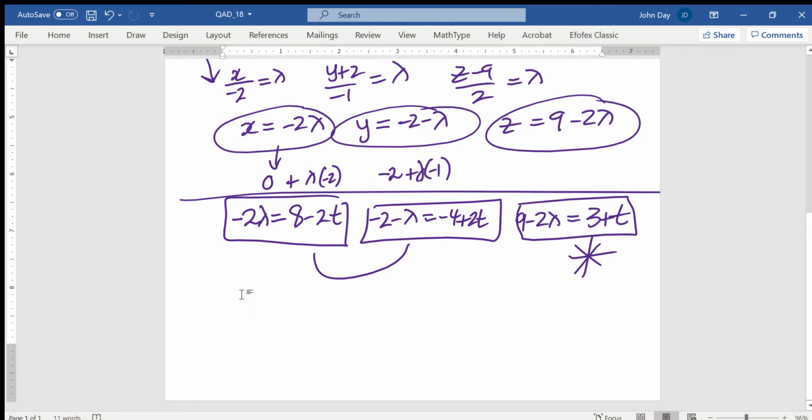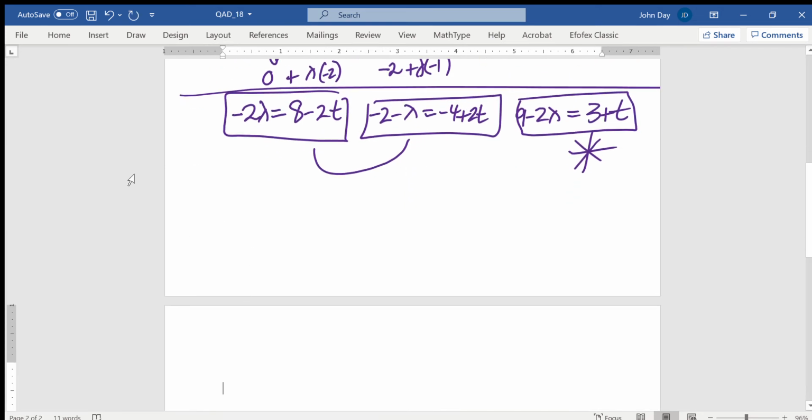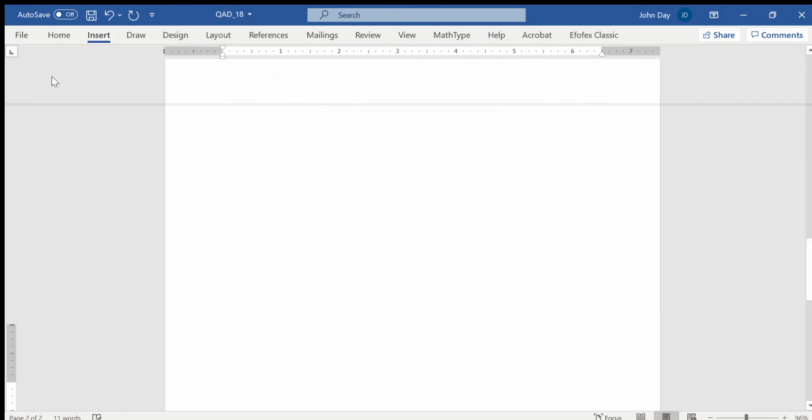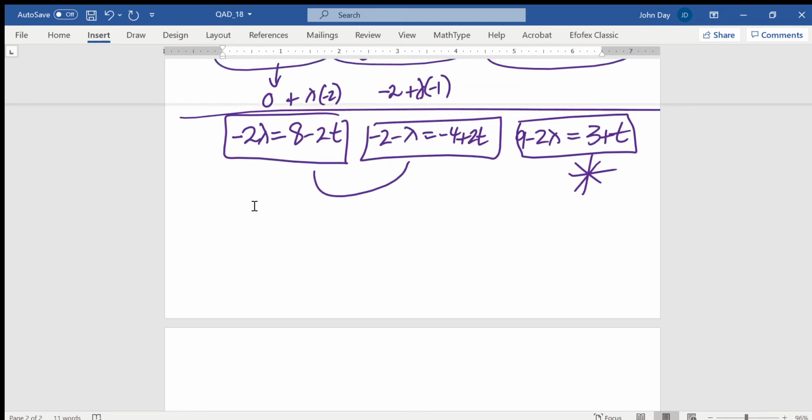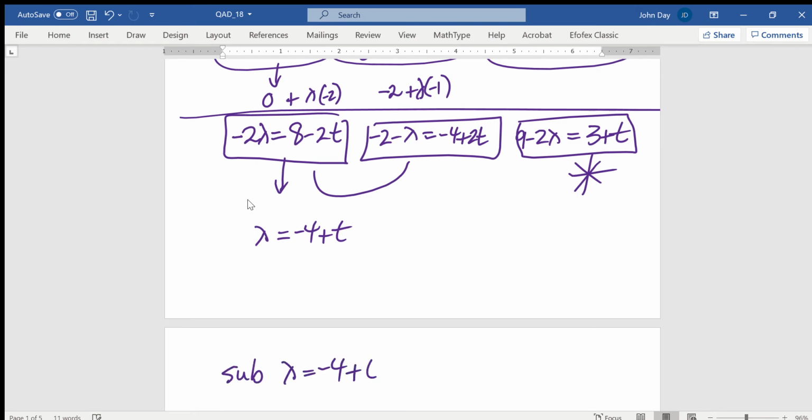Okay, so I'm going to solve those two simultaneously, but before I do this one, I could divide by negative 2 and just get lambda equals negative 4 plus t. So that might be easy now. I'm going to sub lambda equals negative 4 plus t into minus 2 minus lambda equals minus 4 plus 2t.